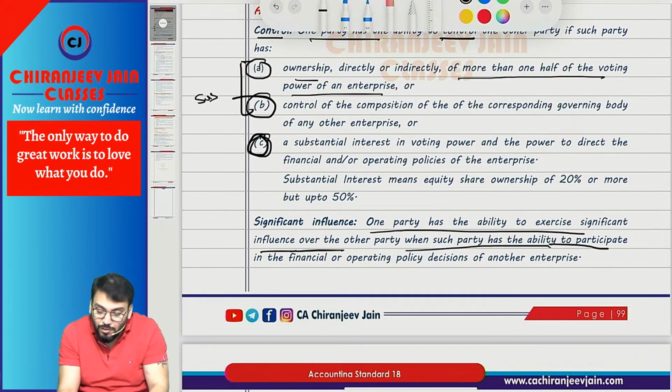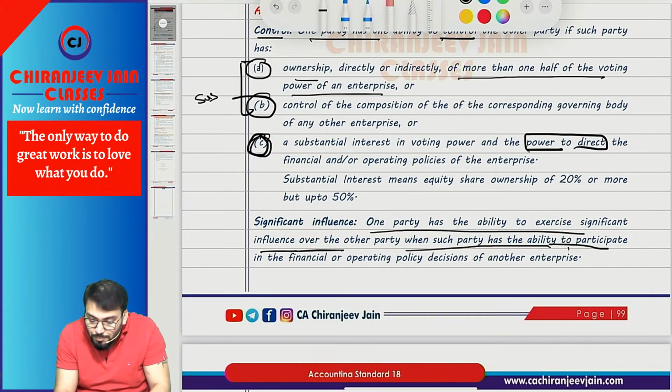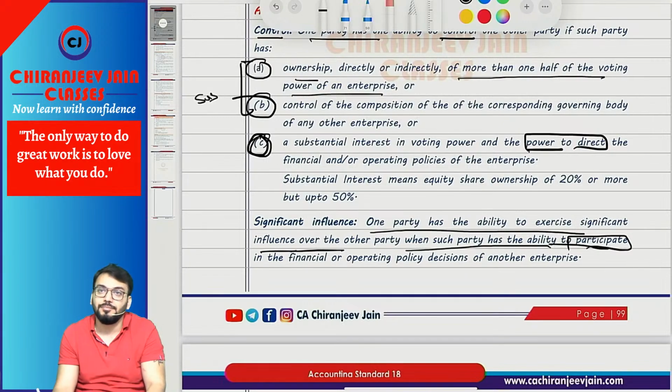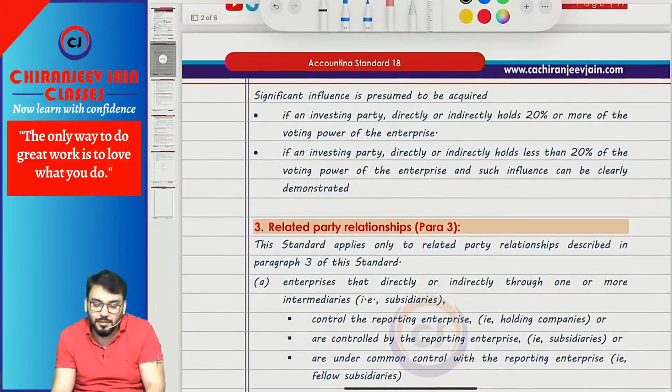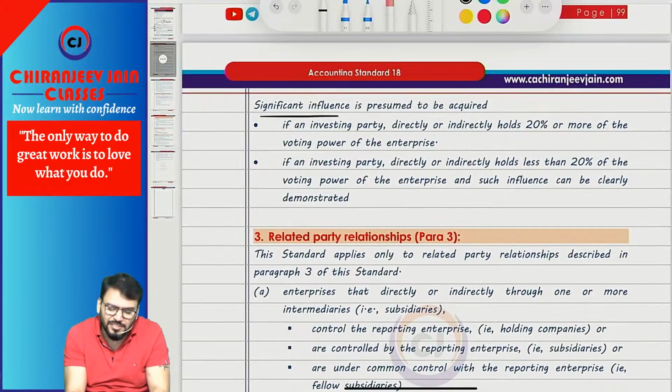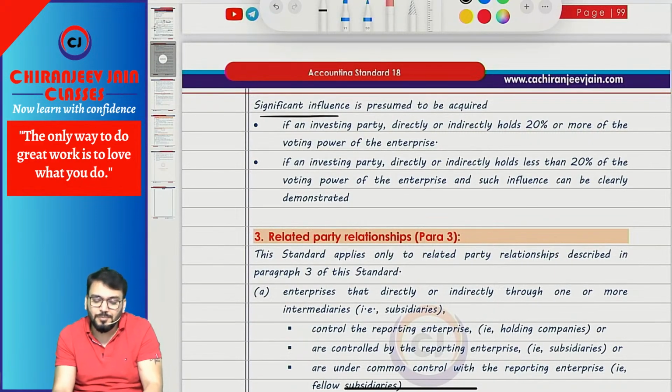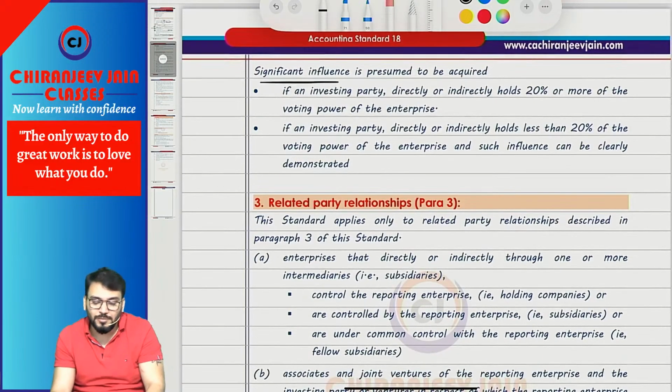So you can see here the word was power to direct. Here the word is power to participate, ability to participate. Correct. Understood. Then this point you know that significant influence is presumed if the investing party directly or indirectly holds more than 20% of voting right of the entity.